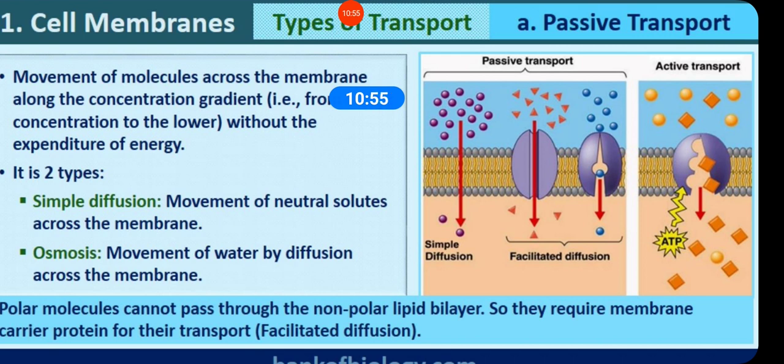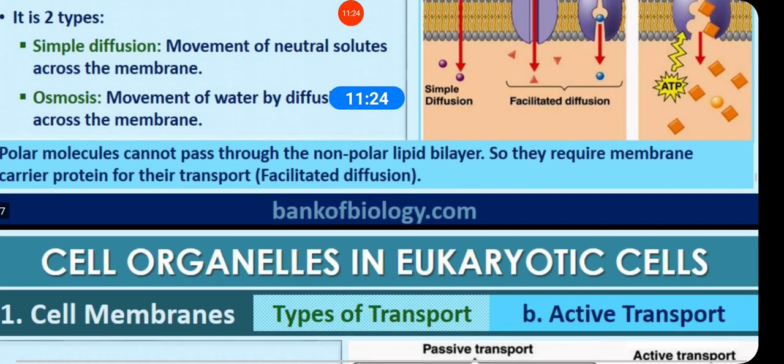Even though energy is not needed, there are specific ion channels through which things move in and out. Polar molecules cannot pass through the non-polar lipid bilayer, so they require a carrier protein, which is responsible for taking the polar things inside. That is called facilitated diffusion.